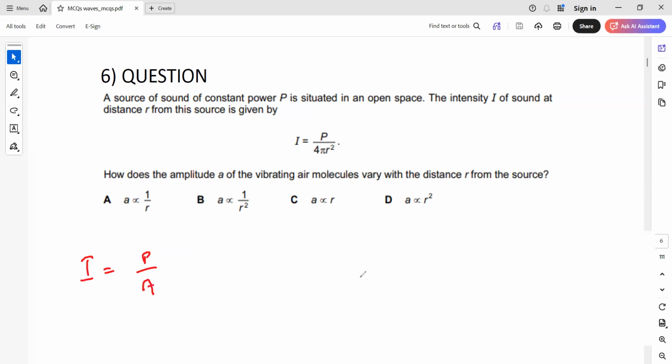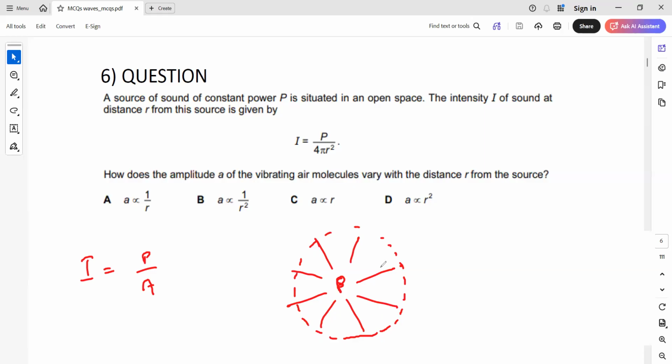And area, as I mentioned, will be 4 pi r squared, because if we have a source with power P, it is sending radiation or the wave in all directions. We want the intensity at a particular point, because it's power on a unit area. So the source will always make a sphere. So the intensity is equal to power divided by 4 pi r squared.